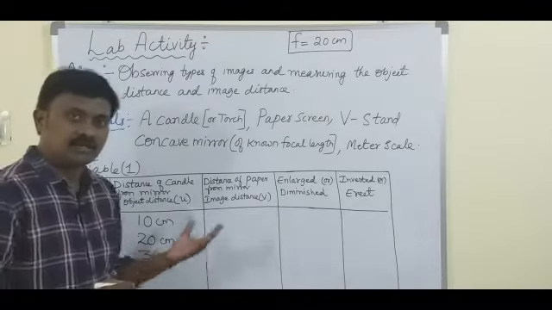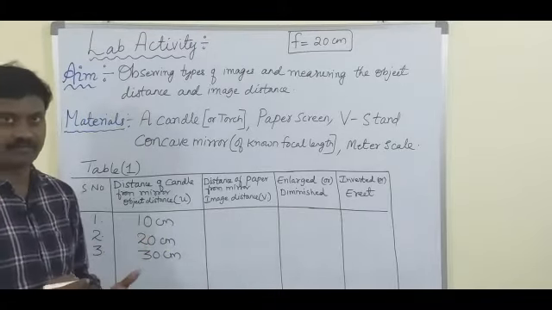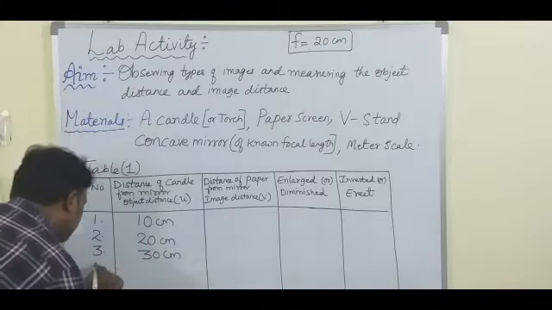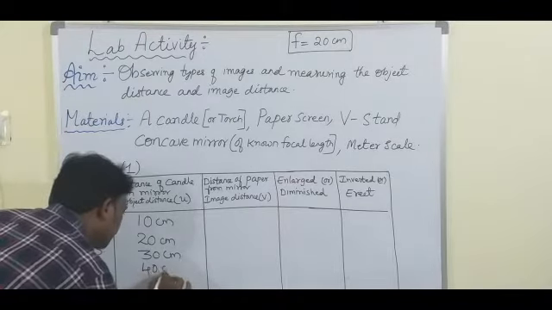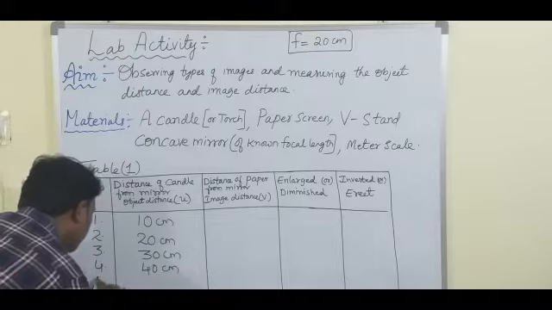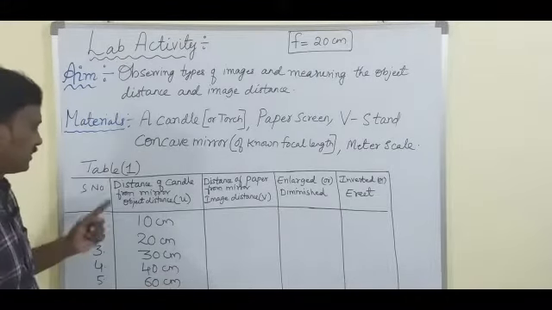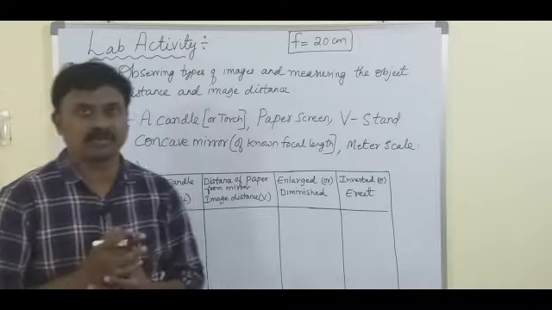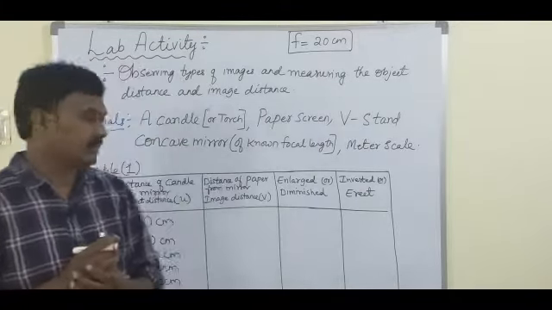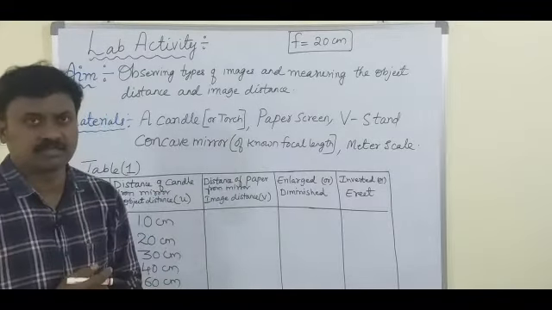So this is the distance of the candle from the mirror. Next 40 centimeters, and the last is at 60 centimeters. Okay, 10, 20, 30, 40 and 60. 5 readings we are going to take now. Okay children, and let us try to find out the image distance, right?